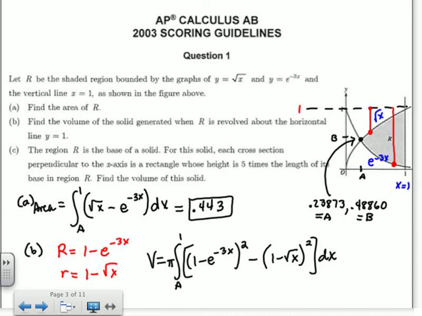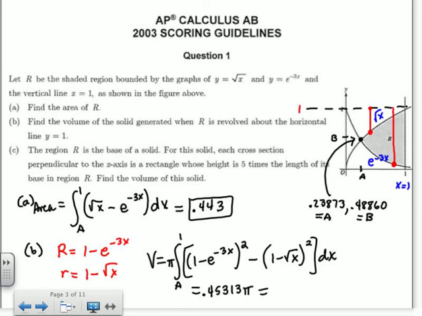Not one that you would want to do by hand, definitely. Okay, so when I do this, I got 0.45313 and so on, pi.